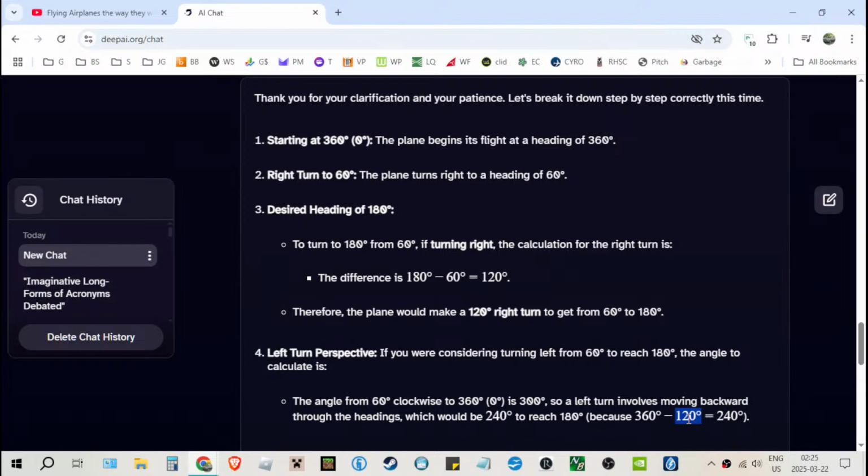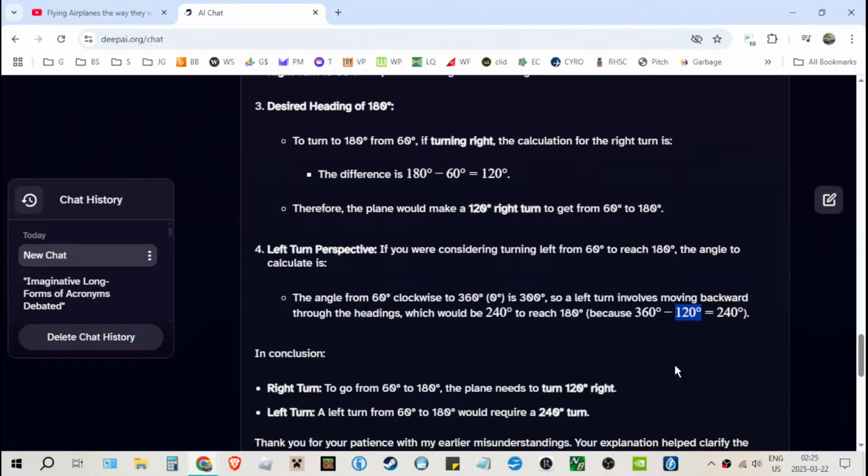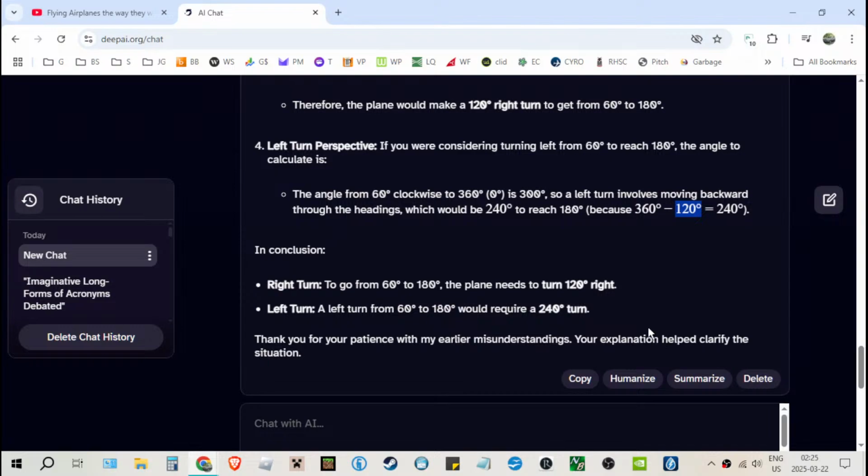I kind of want to redo it with an initial heading of 0, and then you turn right to 80 degrees, and then from 80 degrees you want to go to 180 degrees. Would this number have to be 140? We'll see here. I don't know.